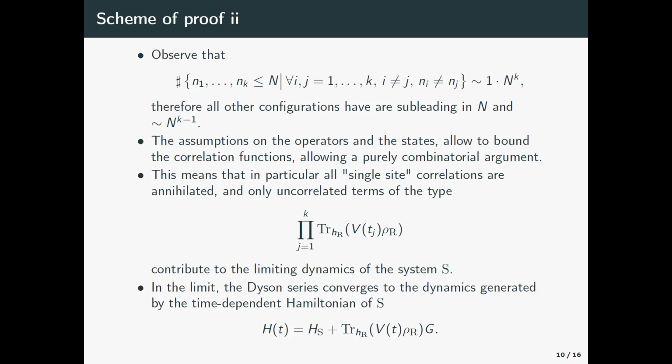All the other configurations, which can have non-trivial correlations for two different time evolved operators, vanish. So one takes the limit and sees that basically only these terms remain.